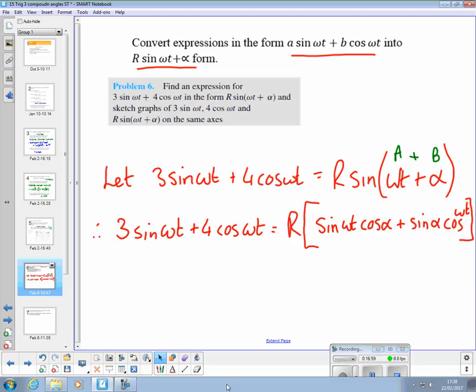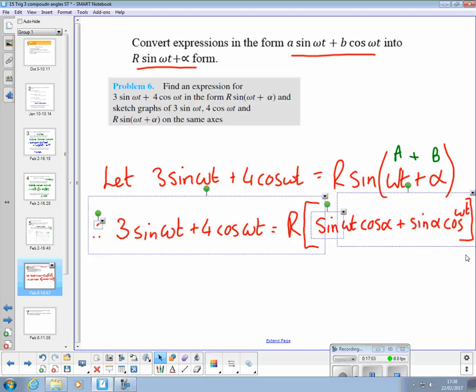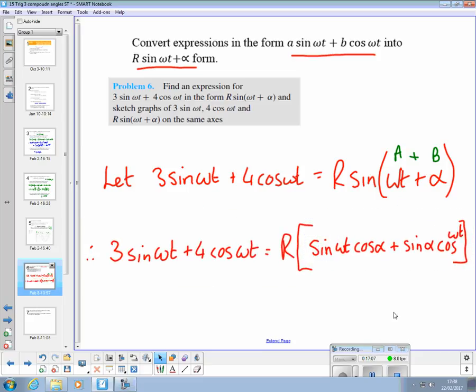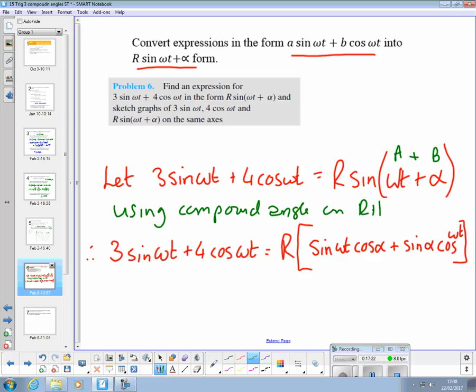Let's just put a statement in there using the compound angle formula on the right hand side.